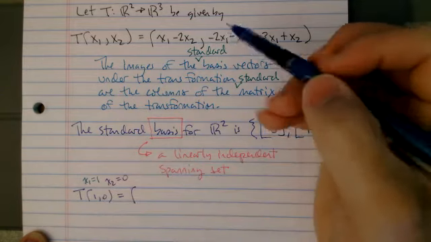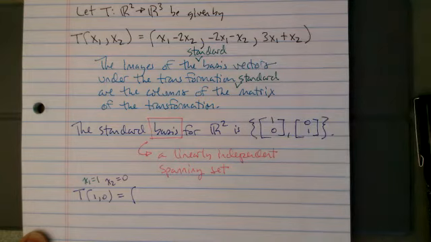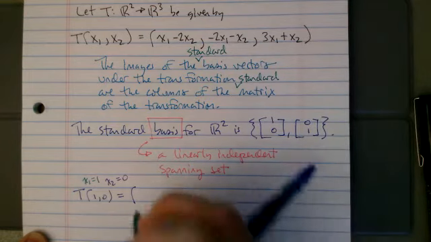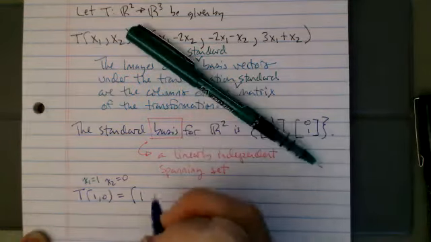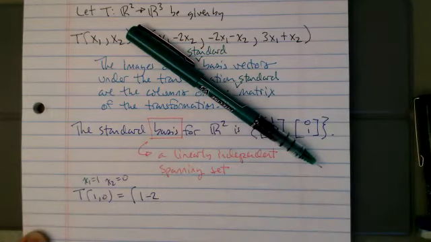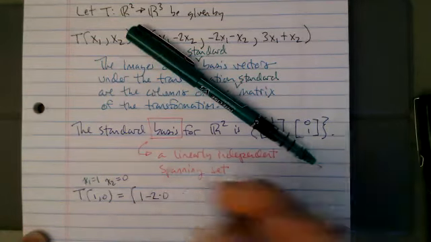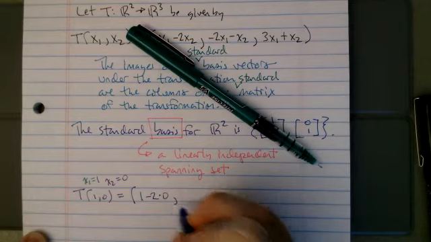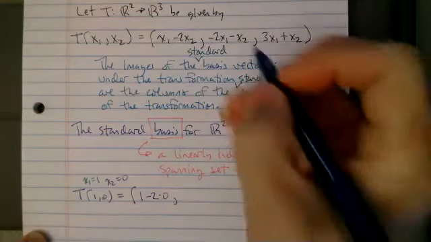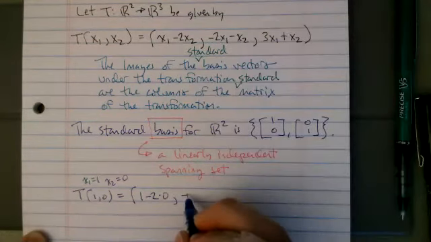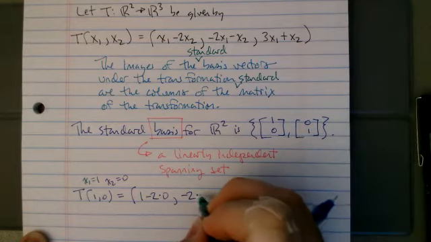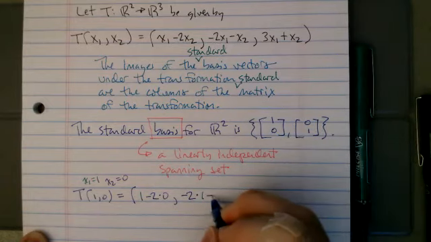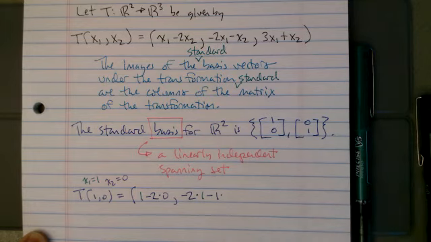So according to this map, I do x1 minus 2x2, so I do 1 minus 2 times x2. Then the next entry is negative 2x1 minus 1 times x2.